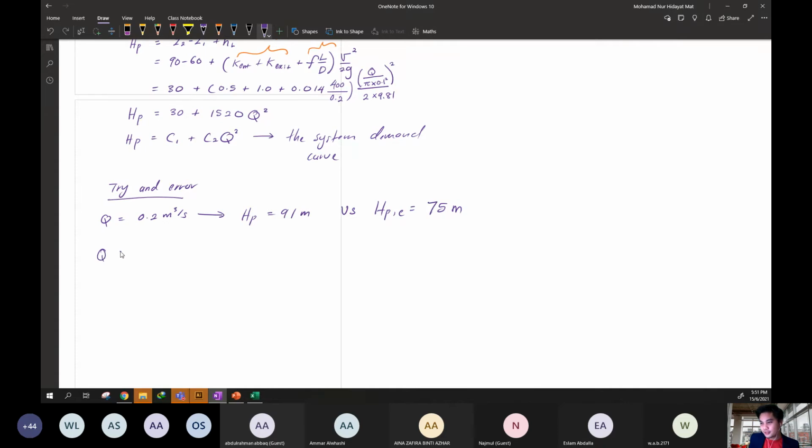Okay, Q. Let's say we try the Q to be 0.15 meter cubic per second. Try to substitute in this equation.